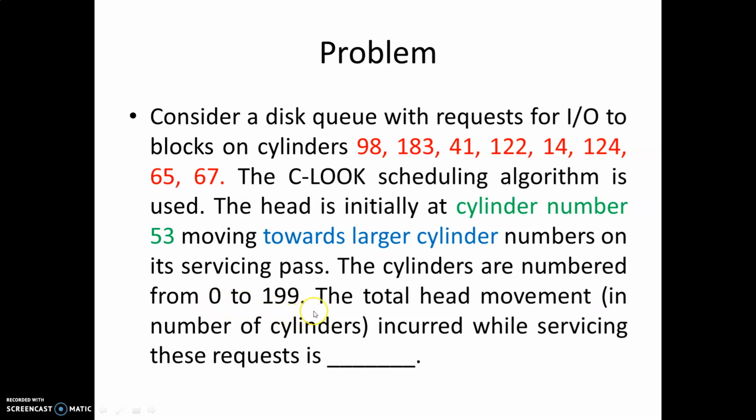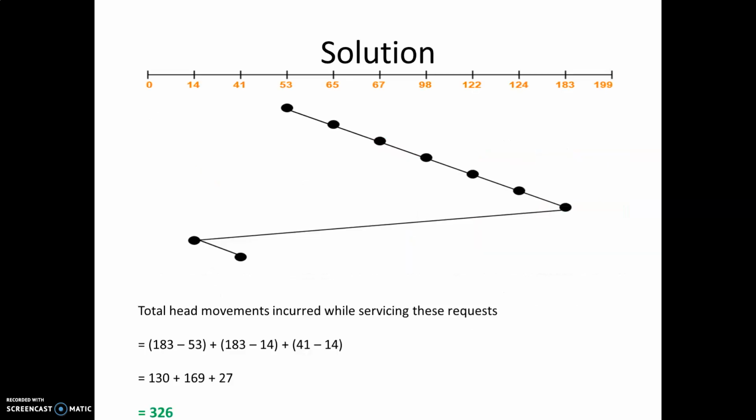Again we are going to calculate the total number of head movements. Let us see the numerical now. The straight number line is given to us with multiple requests, from 0 to 199 are the cylinder numbers, and one by one we will start servicing the requests from the request queue.